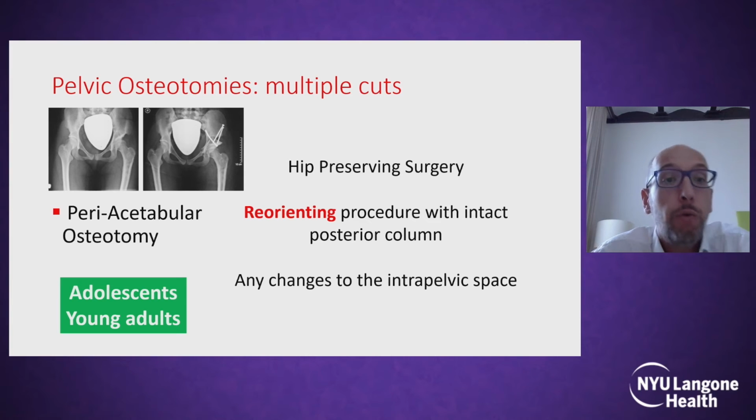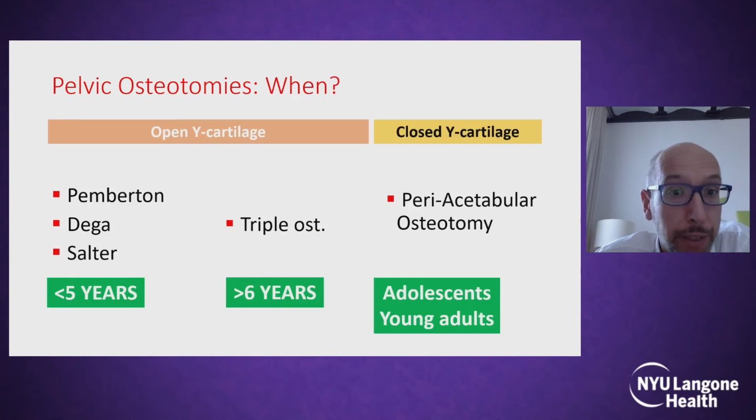And then we are dealing with pre-adolescents, adolescents, and young adults. When considering the adolescent and the young adult population, a reorienting and hip-preserving surgery, meaning the periacetabular osteotomy, should be performed. This is a good procedure because it preserves the posterior column and leaves intact the intrapelvic space.